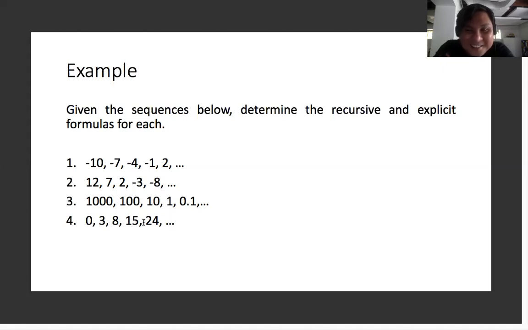If you would like to try to figure out the recursive and explicit formulas for each of these 4 sequences, you may, of course, pause the video, solve for the recursive and explicit formulas for each, and then unpause the video to check your answer and see our solution.